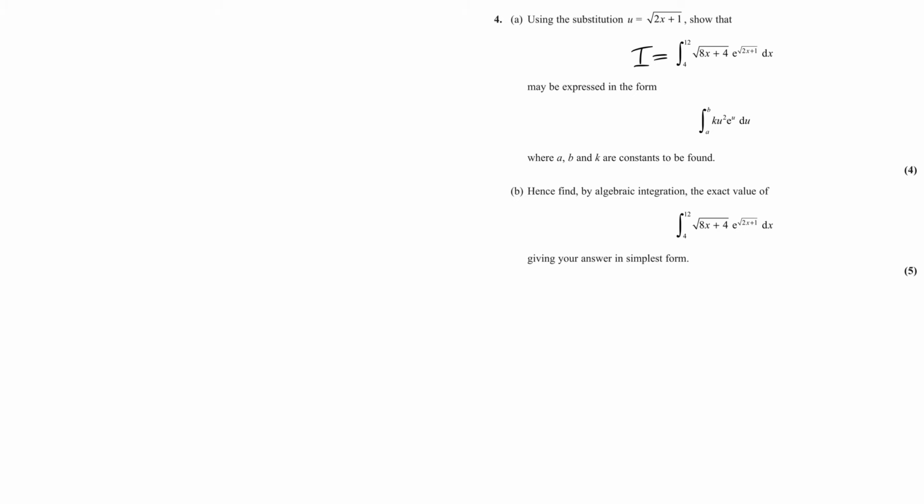I equals that. So now I can go ahead and say, right, well, I is also, now we need to work these things out. 2x plus 1 is what we want. So you can see here, this one, we can take 4 out.